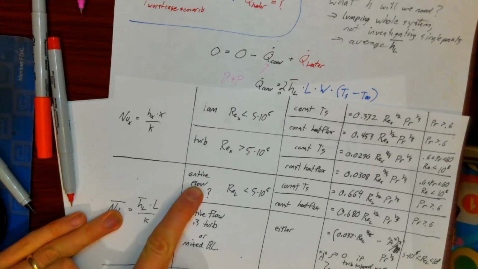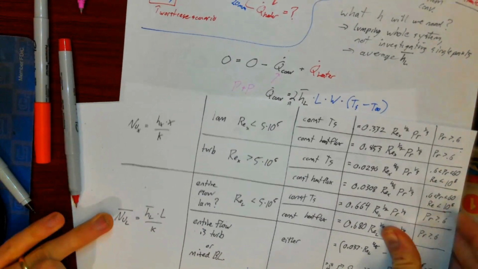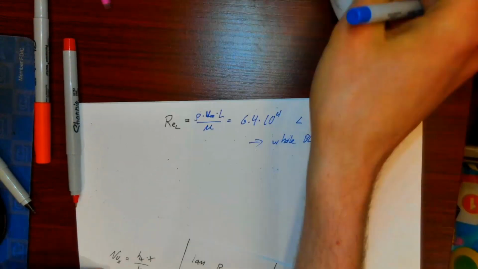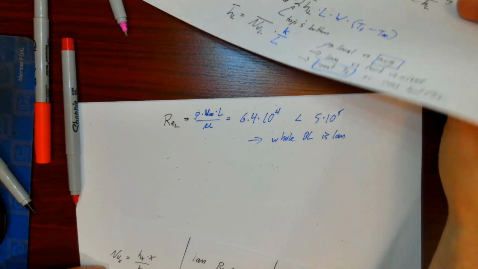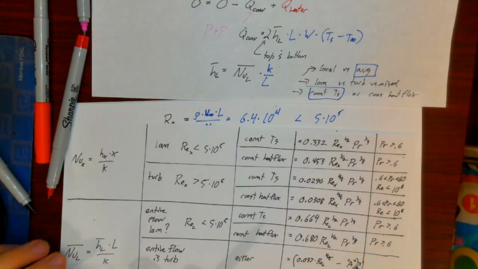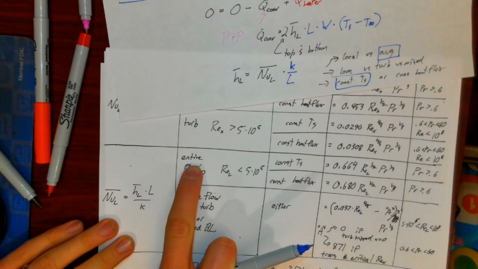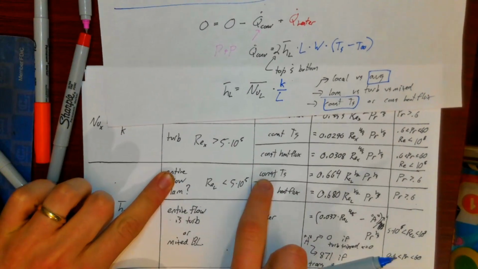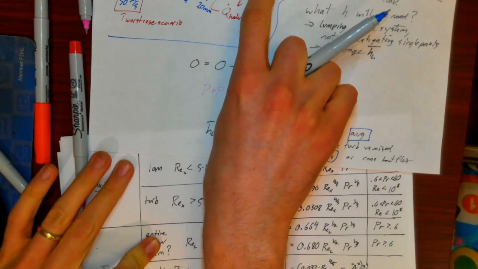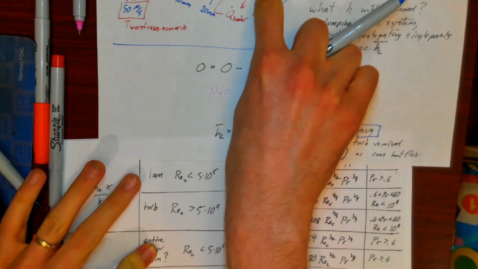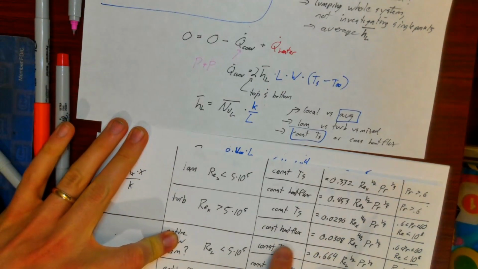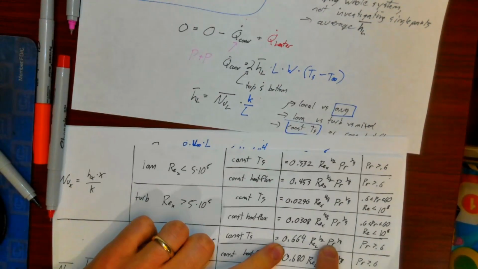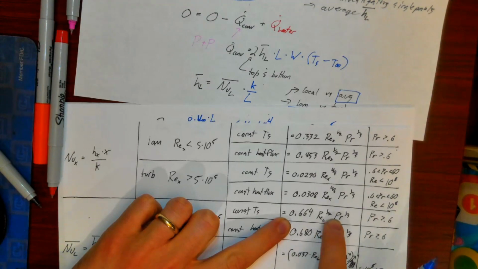We concluded that the entire flow was laminar from our Reynolds number calculation. So average Nusselt number, entire flow laminar. From the problem statement, we have a constant surface temperature. So there we have it here, which means we need to use this equation.